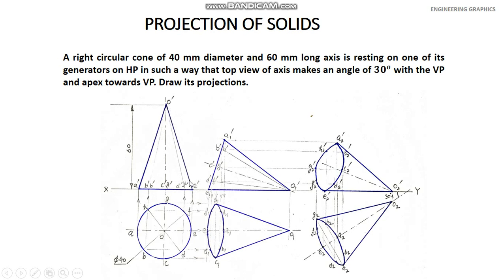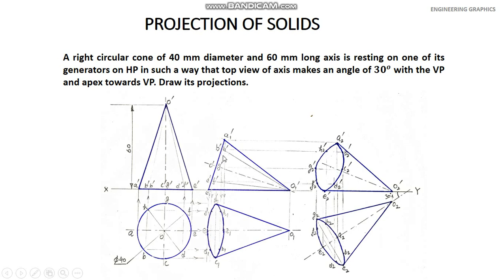So the solid should rest on this resting generator. So in the next step, tilt this object in such a way that O' and E' should be on the XY line. So tilt this object completely to HP. So this is the object in front view.